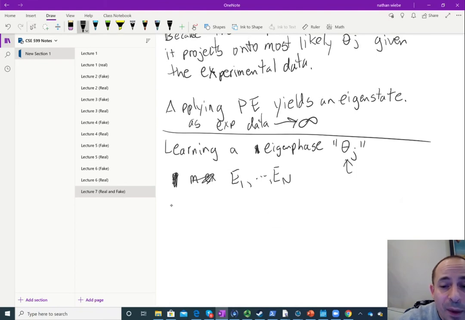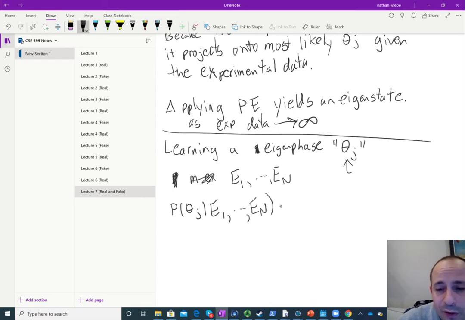Well, we can use Bayesian inference in order to be able to figure out what the posterior, which is jargon for the probability, of theta j is given this sequence of measurements, E1 through En.